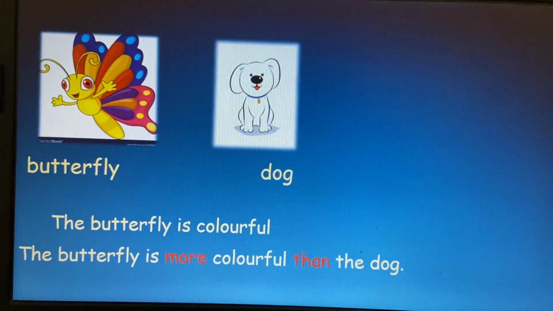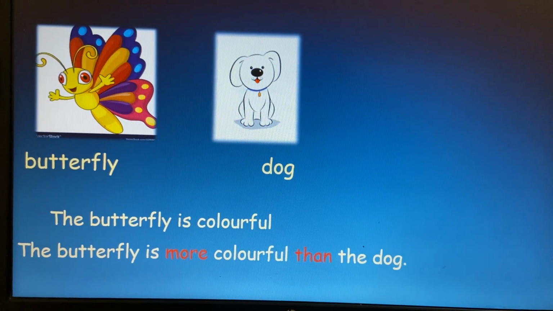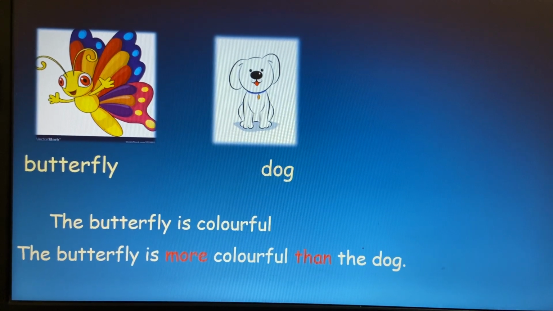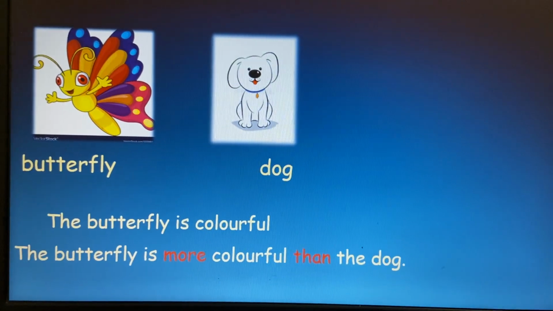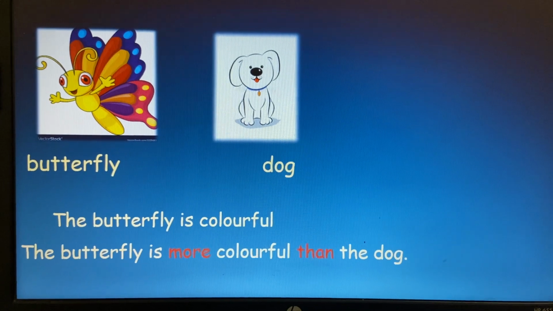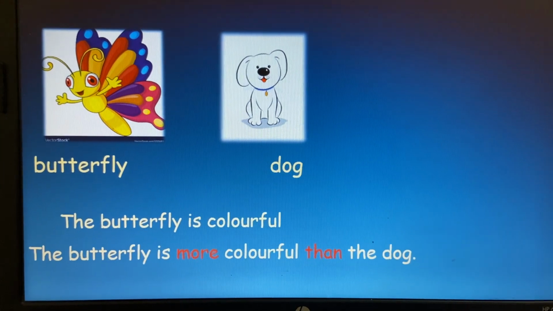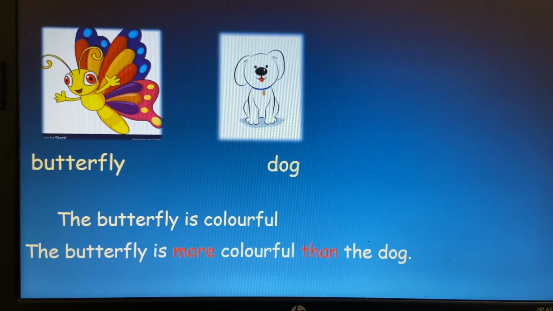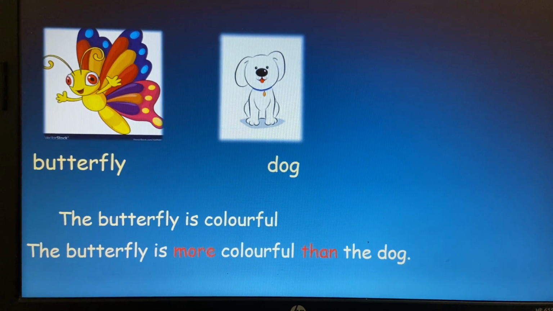What a nice butterfly. We have a butterfly and a dog. Let's compare the butterfly and the dog. The dog is white, but the butterfly has so many colors.